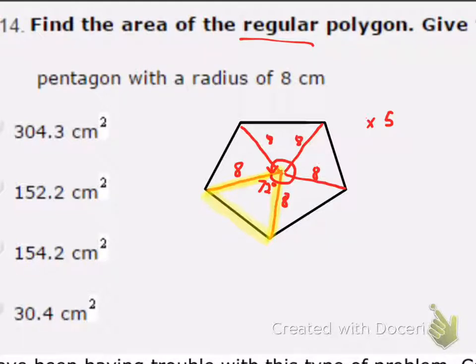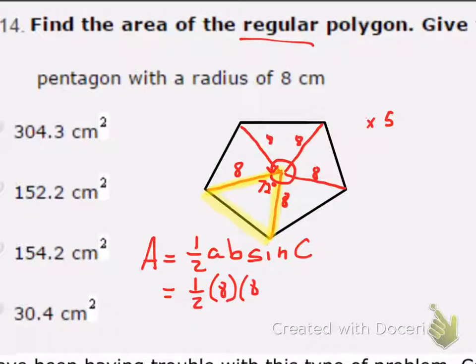Okay, so once we know that angle, then we can find the area of that triangle using the side angle side area formula. The area is equal to 1/2 AB times the sine of C, where A and B are the sides and C is the angle in between the two sides.